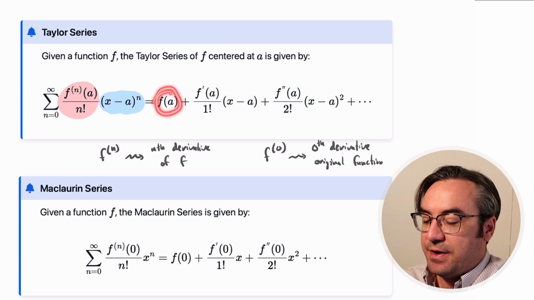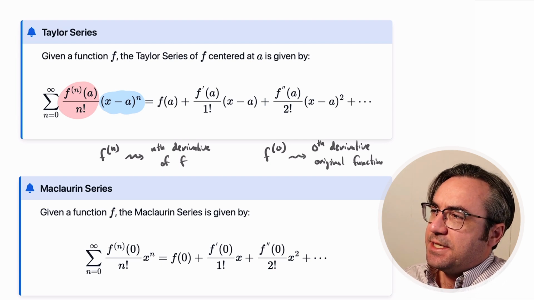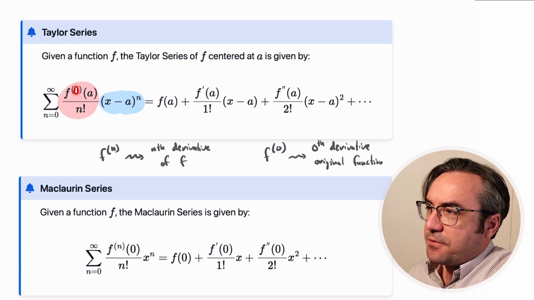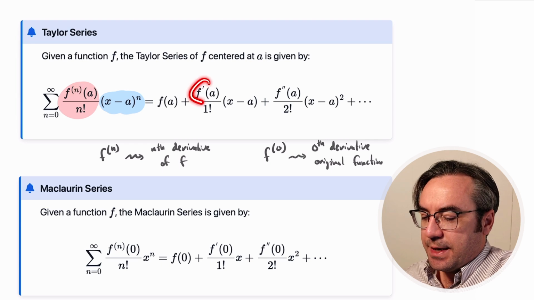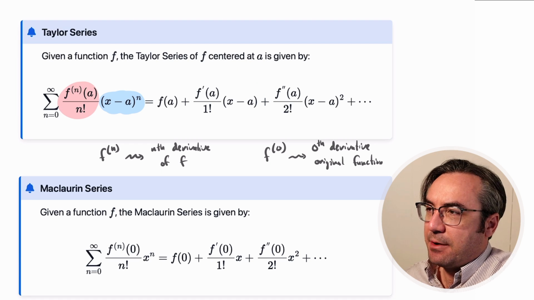So we just get our function value at that center point. Then when n is equal to 1, we end up with our first derivative evaluated at a, so f prime, divided by 1 factorial, and then x minus a raised to the power 1.